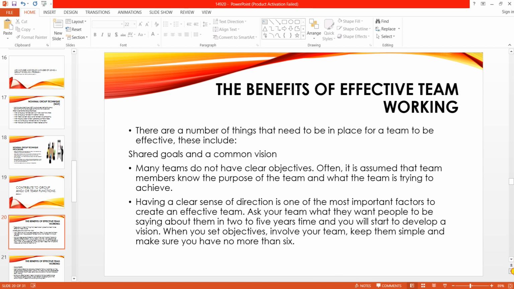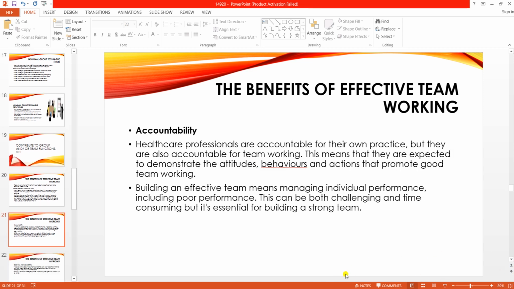Also we have accountability. For example, healthcare professionals are accountable for their own practice, but they are also accountable for the team working. This means that they are expected to demonstrate the attitudes, behaviors, and actions that promote good team working.